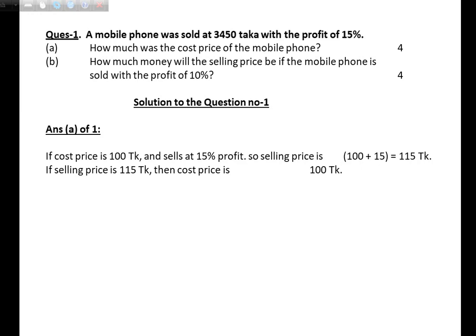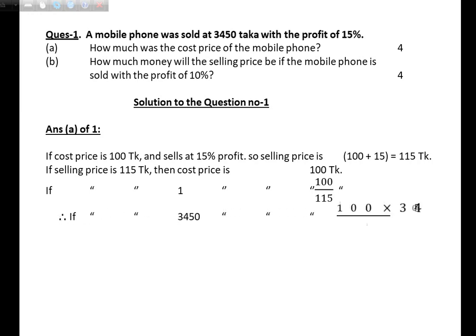So we can reverse the line, because we have to find out the cost price. If the selling price is 115 taka, then the cost price is 100 taka. If the selling price is 1 taka, then the cost price is 100 by 115 taka.